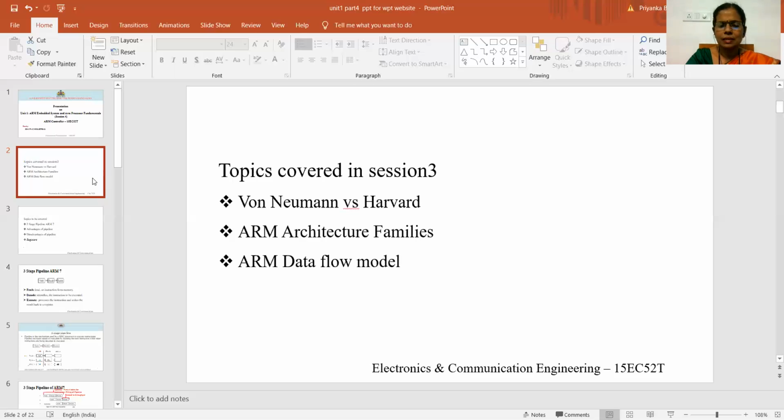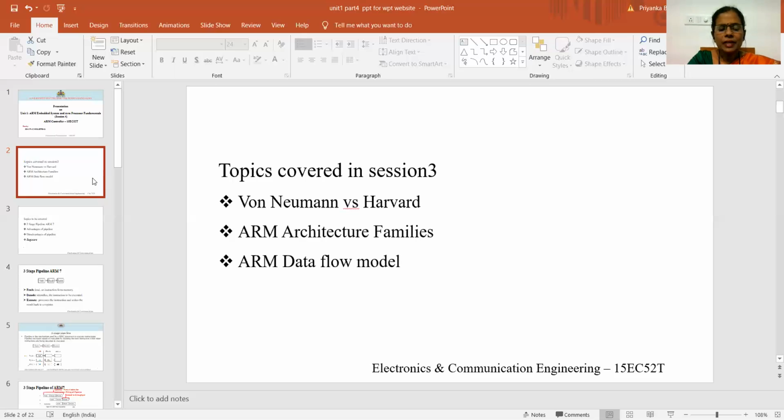The last one is ARM 10, which is 6-stage pipelining. The six stages are fetch, issue, decode, execute, memory, and write back. These are the different architecture families we studied.